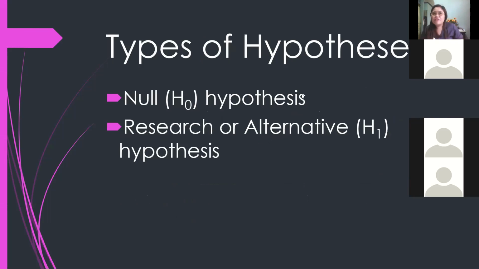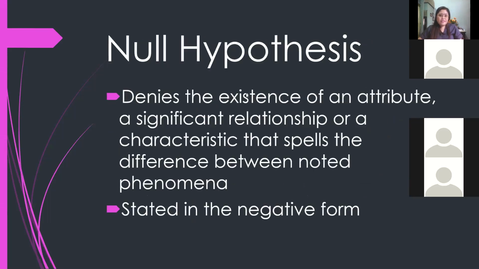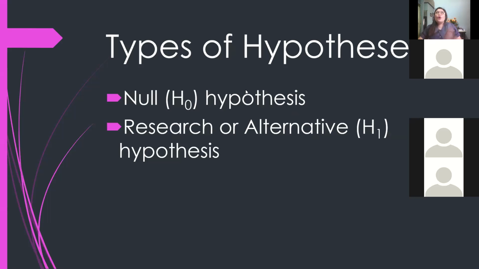I believe I have already discussed sa inyo ha sa statistics what are the different types of our hypothesis. We have here the null and the research or alternative hypothesis. So, mostly, ang ginagamit nato sa research kay ang null. Okay? Null ha. Pero you can also have the research or alternative. Pero commonly again, ang ginagamit the null.